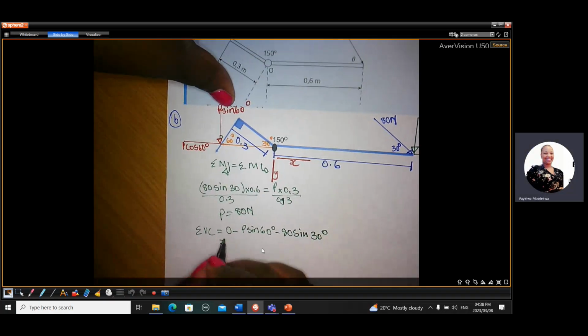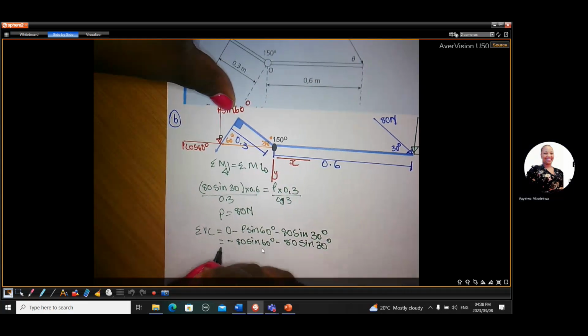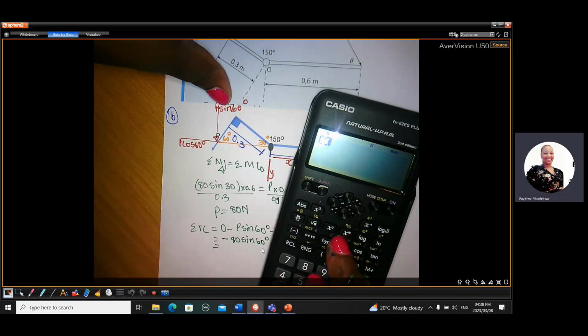So this is going to give us 80 sine 60 minus 80 sine 30.